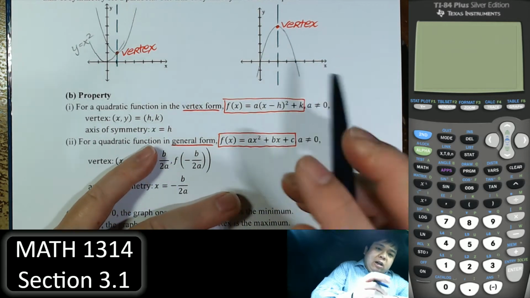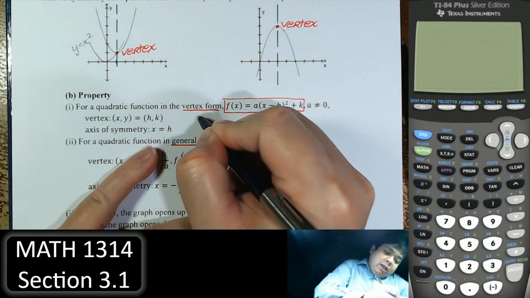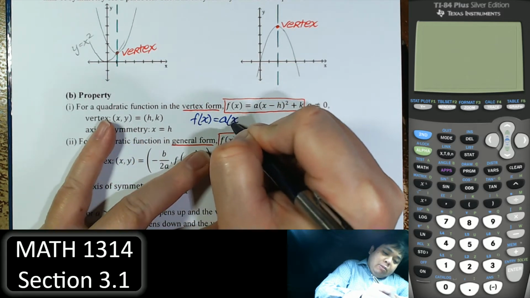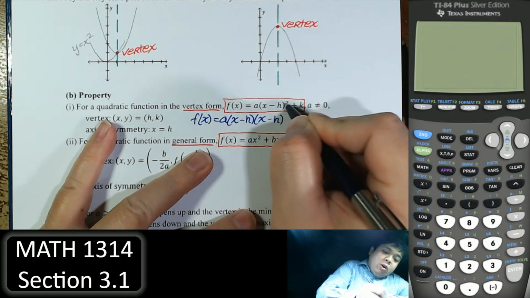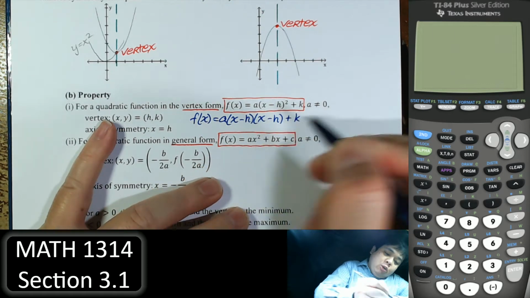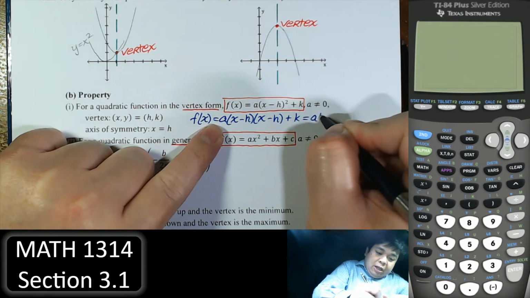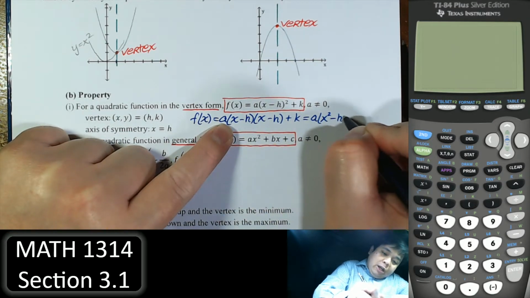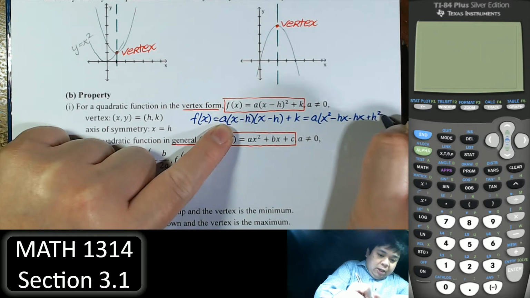We can just multiply this out and we'll see it. We have f of x equal to a times (x minus h) times (x minus h), because that's what (x minus h) squared is, plus k. We multiply it out, keep the a: a times x squared minus hx minus hx plus h squared, plus k.